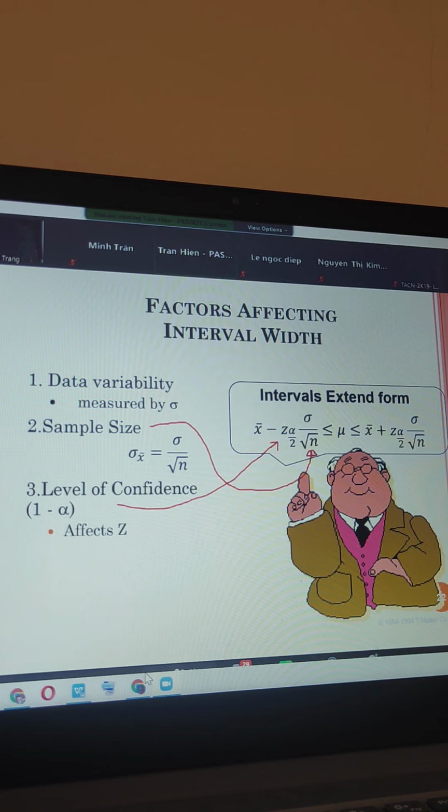When you change the value of n, the endpoints of the interval will change. And the data's variability is measured by the population standard deviation, right? So when you look at the form of the interval, you can define the factors.